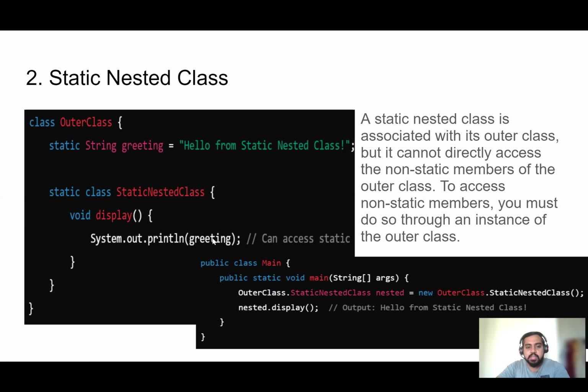Here you need to see, guys, I'm using this variable greeting, right? This greeting is of type static because if you make an inner class static, it can only access static members of the outer class, because I already told you statics get memory before the creation of an object. So if you have any field in the outer class which is of non-static type, then that doesn't get a memory.